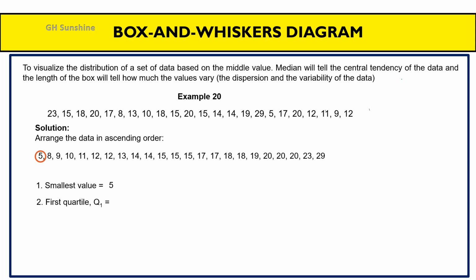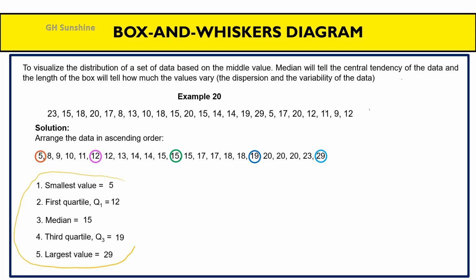Based on the data, Q1 equals 12. Median or Q2 equals 15. Third quartile, Q3 equals 19. And the last one, the largest value, equals 29. So you need all these 5 values to construct the box and whiskers plot.